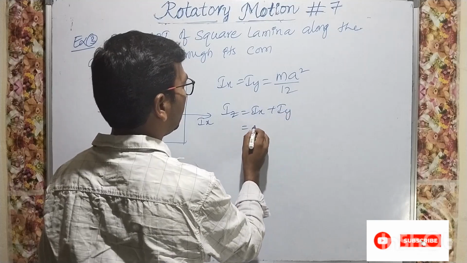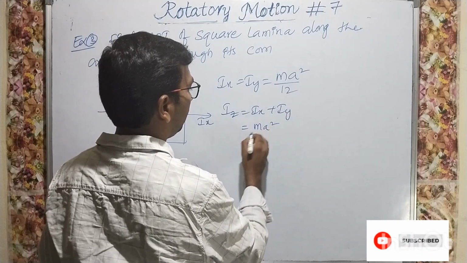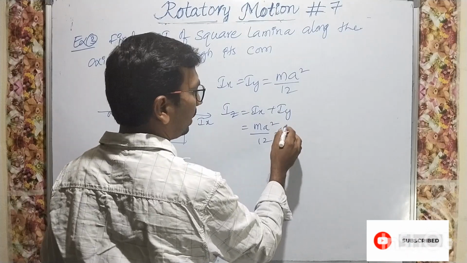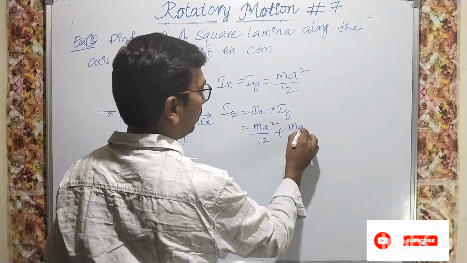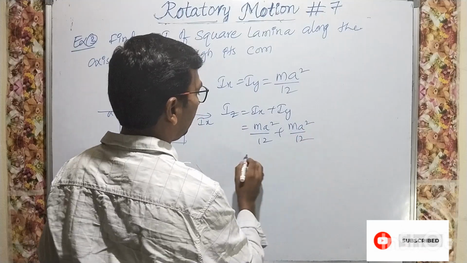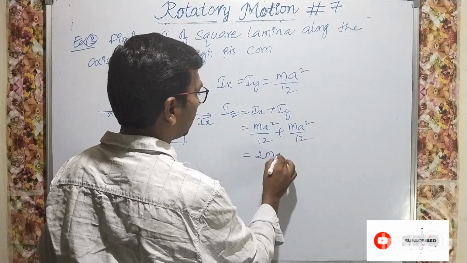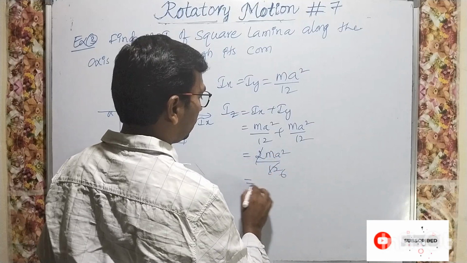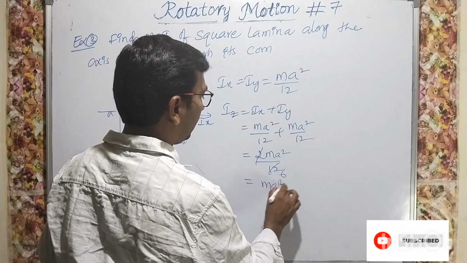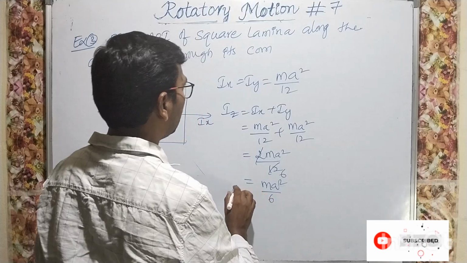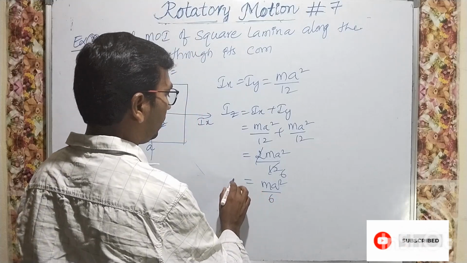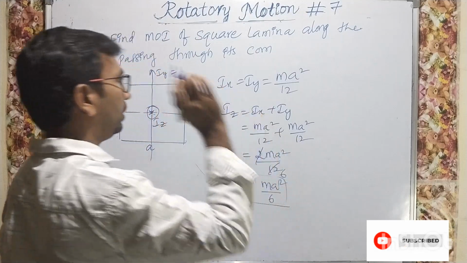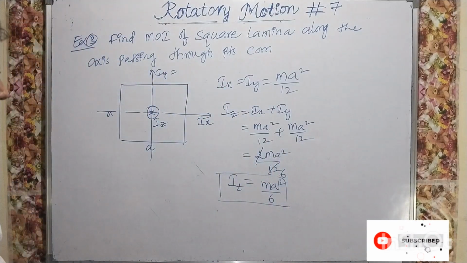Here Ix is ma square by 12, and Iy, the moment of inertia along the y-axis, is also ma square by 12. So 2 times ma square by 12, which is ma square by 6. So Iz is equal to ma square by 6. This is the third example.